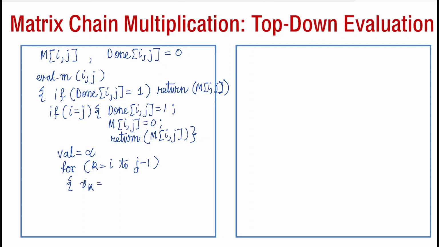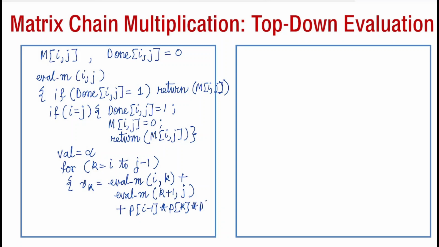Vk is the recursive evaluation eval M i k plus eval M k plus 1 j plus p i minus 1 into p k into p j.